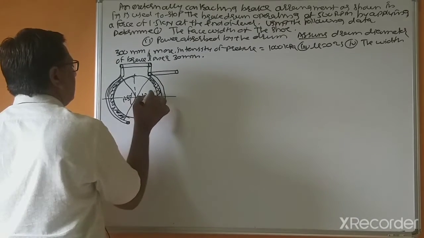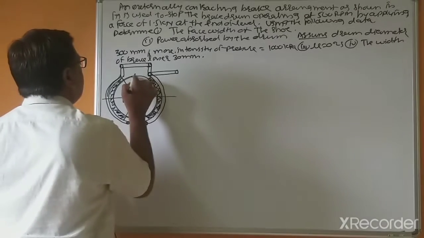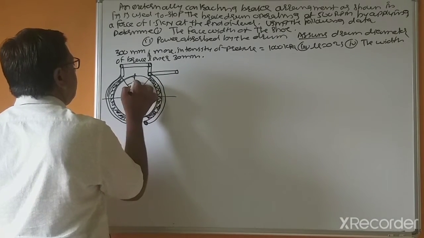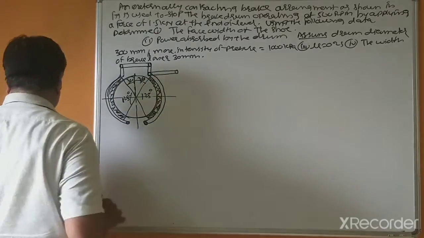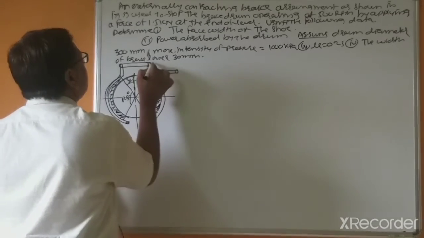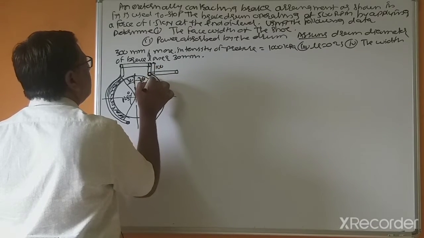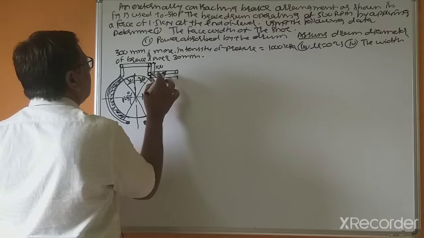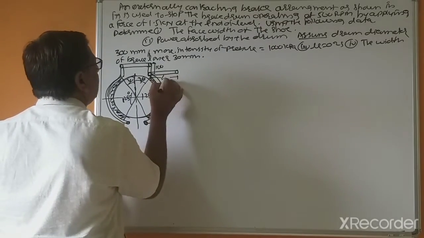This is also 125 degree. And this is remaining 30. So I think there is no use of this 30. This distance 100. This distance 450.